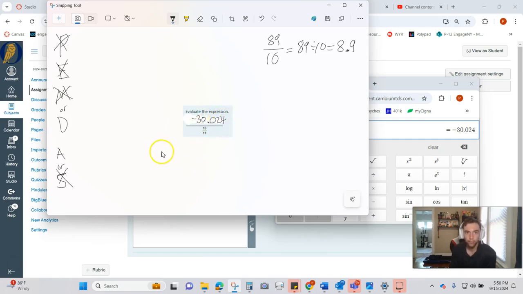So now we have the math sentence. I'm going to write this in a different way. Negative 30.024 divided by 10 on top of 11.